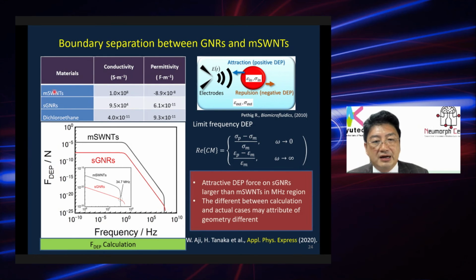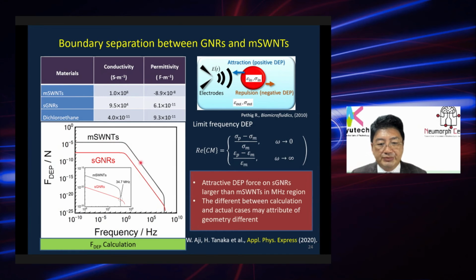We checked the conductivity and permittivity of metallic single wall carbon nanotube, single layer graphene nanoribbon, and the dichloroethane solvent. By using these values, we calculated the DEP force. So we found the DEP force is like this.